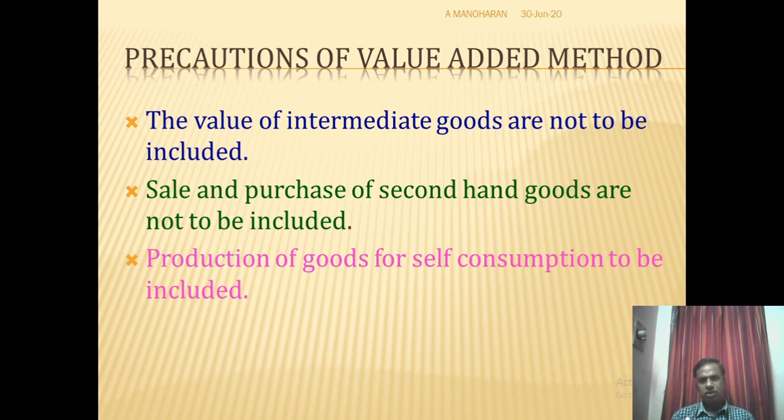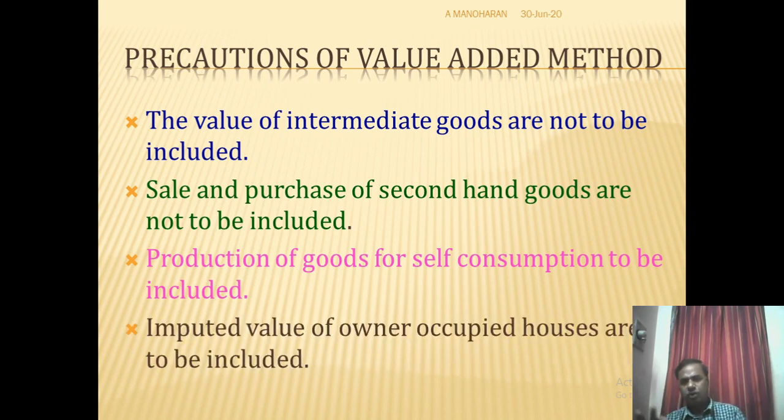So the value of the goods which he kept for self-consumption is to be included in the national income. That's why production of goods for self-consumption is to be included in the value of national income.